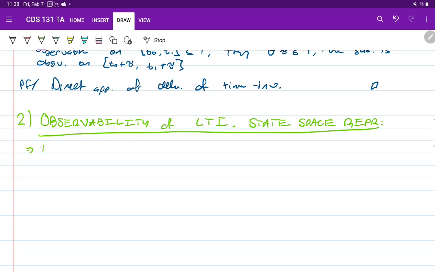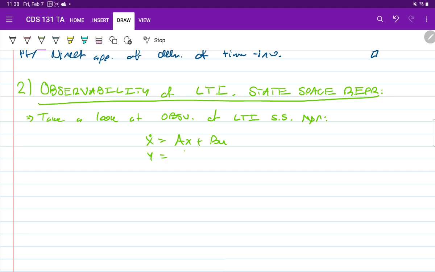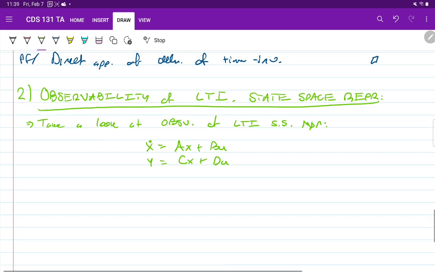So now what we'll do is we'll take a look at observability of the LTI state space representation. x dot equals Ax plus Bu, right? That's the state equation. And then y equals Cx plus Du. This is the output equation, all right?